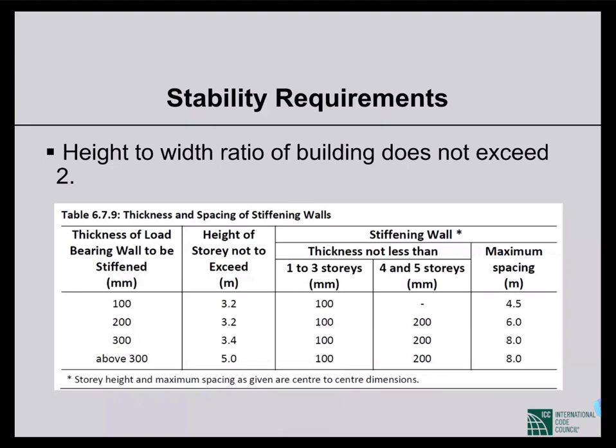Only these 6 types of structures are covered by BNBC 2020. Earthen structure is out of the scope of BNBC. It will be considered as non-engineered structure. So I don't know which software is better. Actually, I don't know if there is any software for the earthen structures.